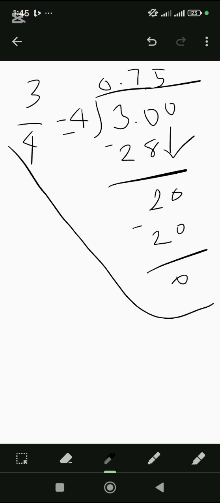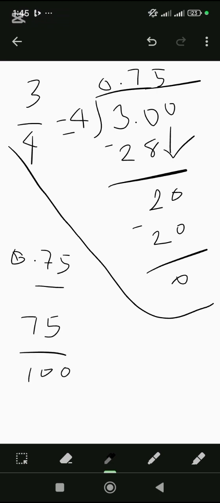But how do we convert this back to fraction? 0.75. Okay, we have 2 decimals here. So this is saying 75 all over 100. Let's look at this. Can any number divide both the numerator and the denominator? The answer is yes.